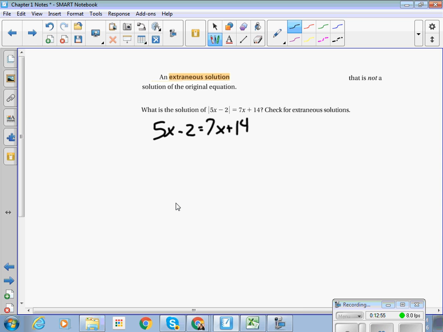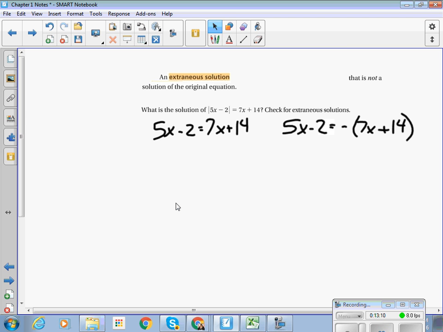So the one just as it is without the absolute value, and the one taking into consideration the opposite of each one. So you want to make sure if you have more than one term on that right-hand side, put parentheses and put a negative in front of it. All right, I'm going to deal only with this one right now.